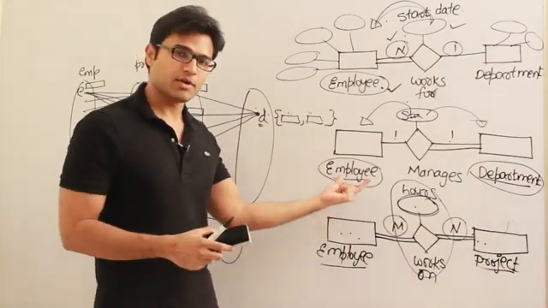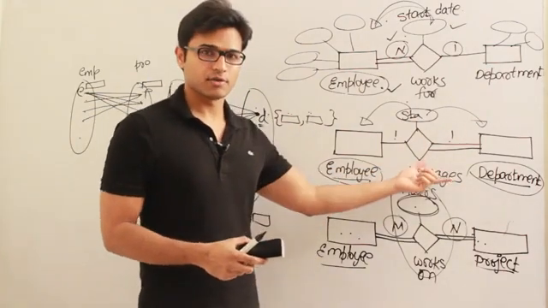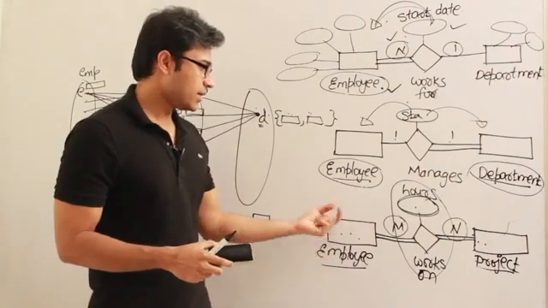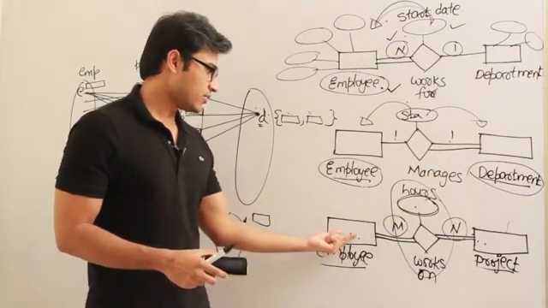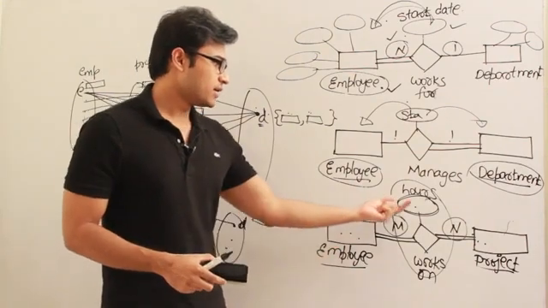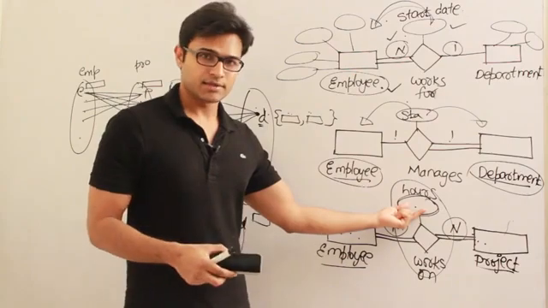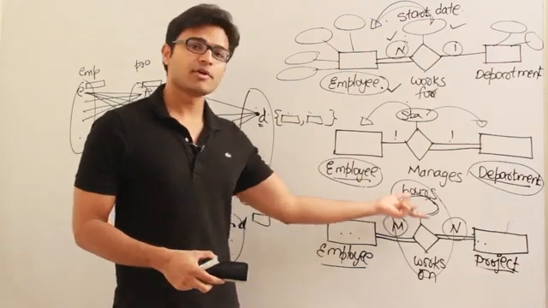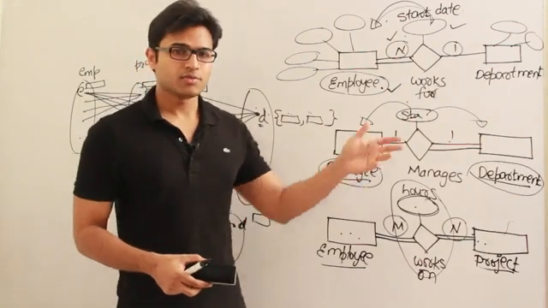Because that particular information is going to say which department he is managing, because there is only one department. But here, if you try to move the number of hours this side, then what happens is, if you are saying that some particular employee has worked for these many hours, then it doesn't make sense, because that particular employee is working for many projects. Then you might ask again, yes, you are saying the number of hours, which project is it?